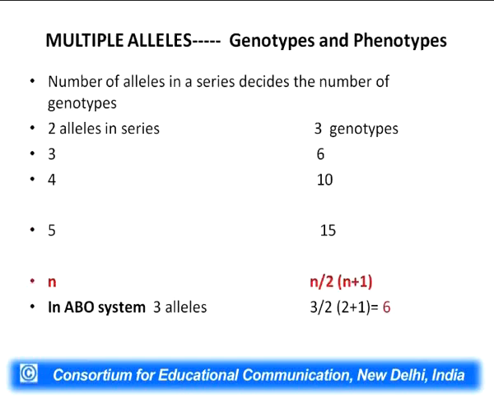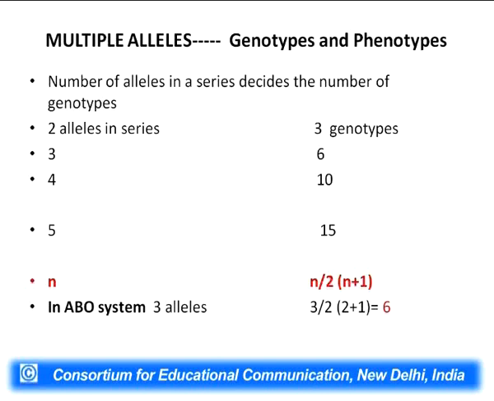So, there are a few formulae which we use for calculating the genotypes and phenotypes, because the number of alleles of a multiple allelic series is actually going to decide the number of genotypes. For example, if we have two alleles in a series, normal ones, then we have three genotypes.